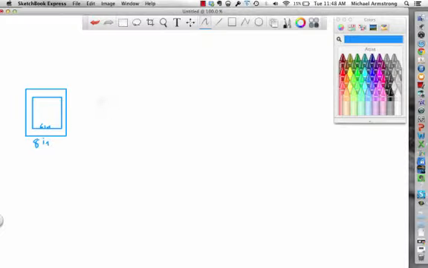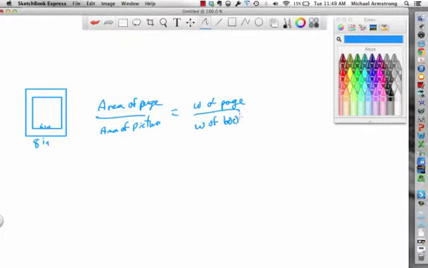Well, you're going to find that ratio, the area of the page over the area of the picture, is the same as the width of the page over the width of the picture, squared.